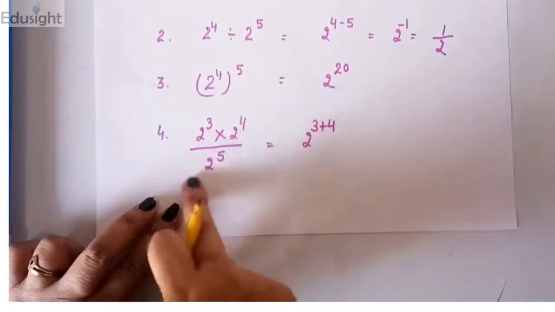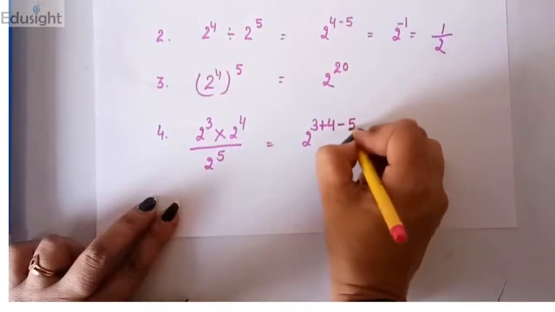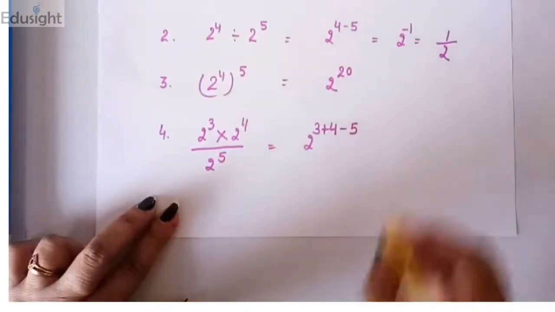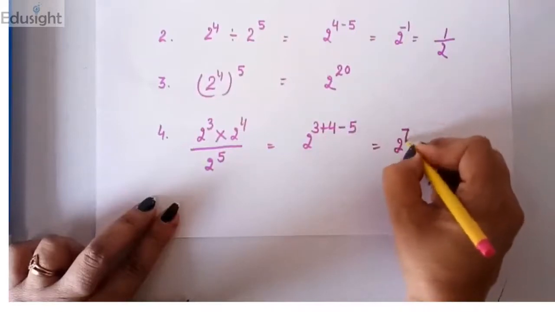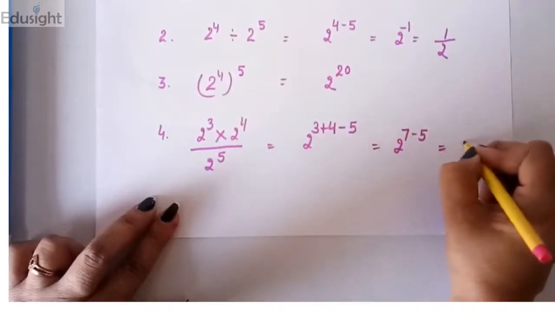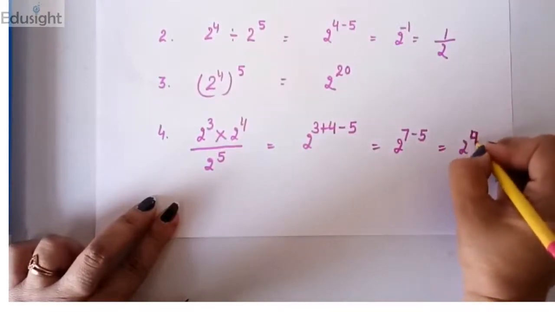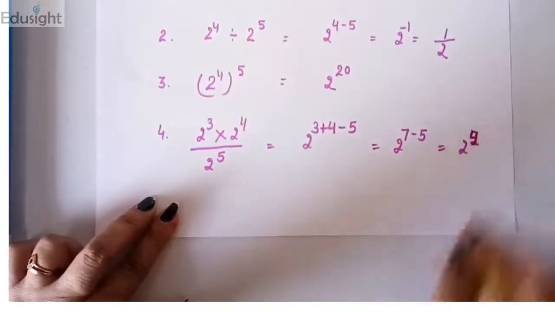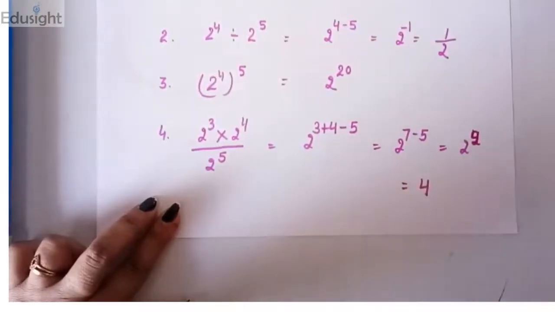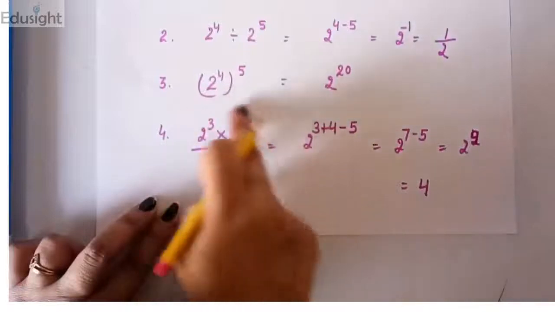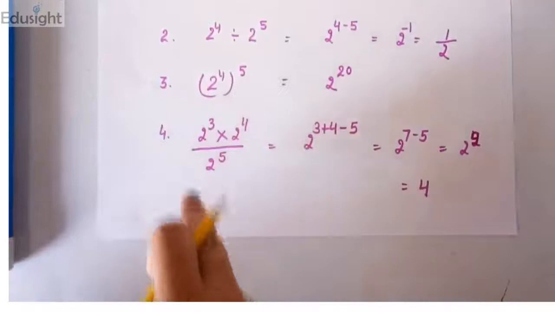And in division you have to subtract the power, so it can be written as minus 5. So 3 plus 4 is 7, minus 5, 2 raised to power 2. 2 raised to power 2 is equal to 4. So that is the value of this expression. I hope this is clear.